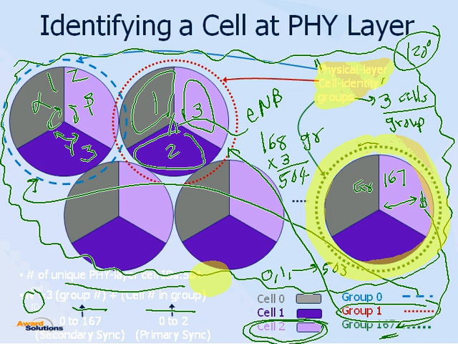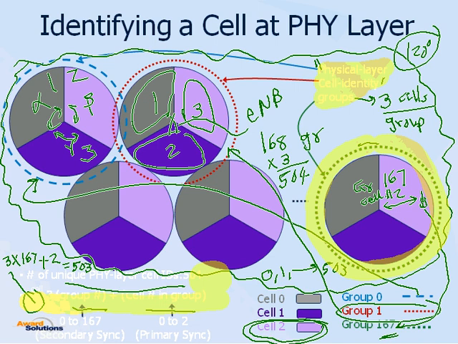So we know this formula: 3 times the group number plus the cell number gives the cell ID. In our example, 3 times 167, plus 2, gives us 503.